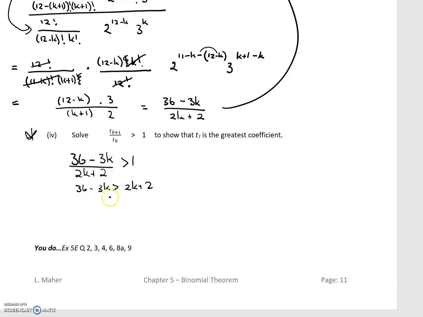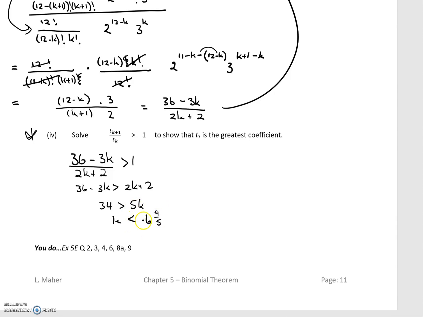So 36 minus 2, 34 is greater than 5k, which gives that k is less than 6 4/5.